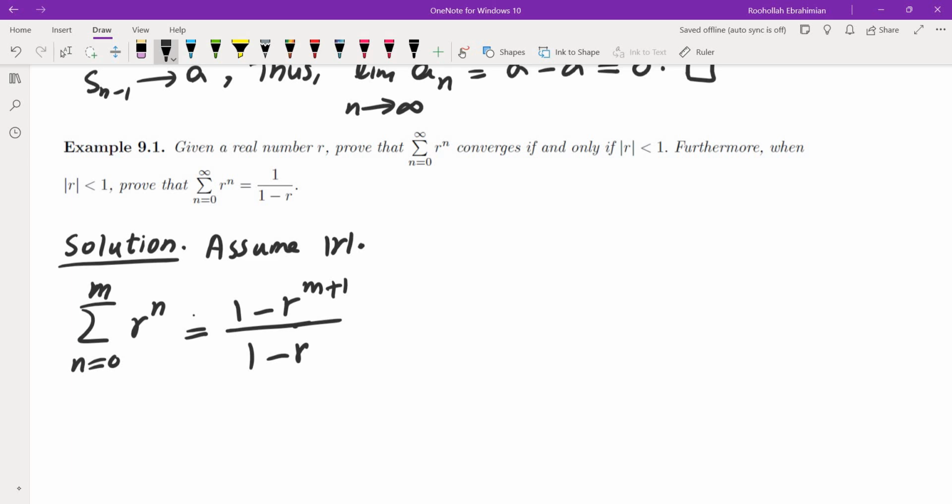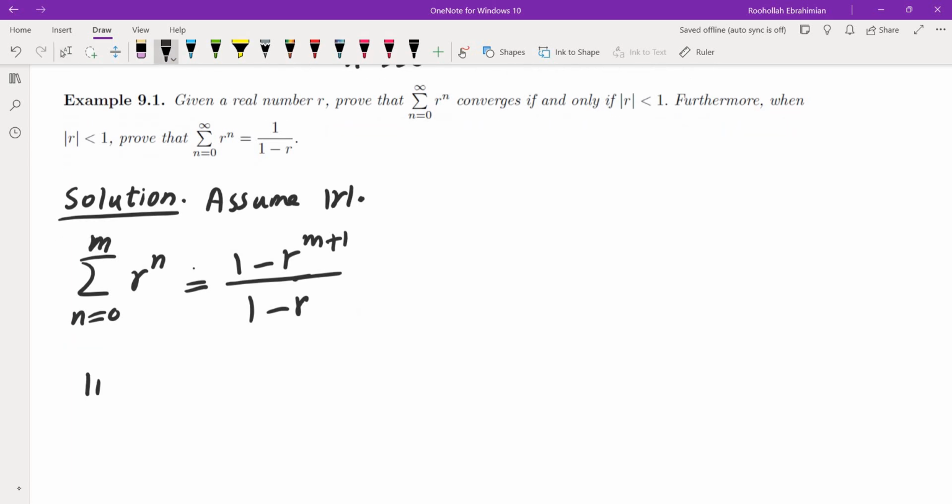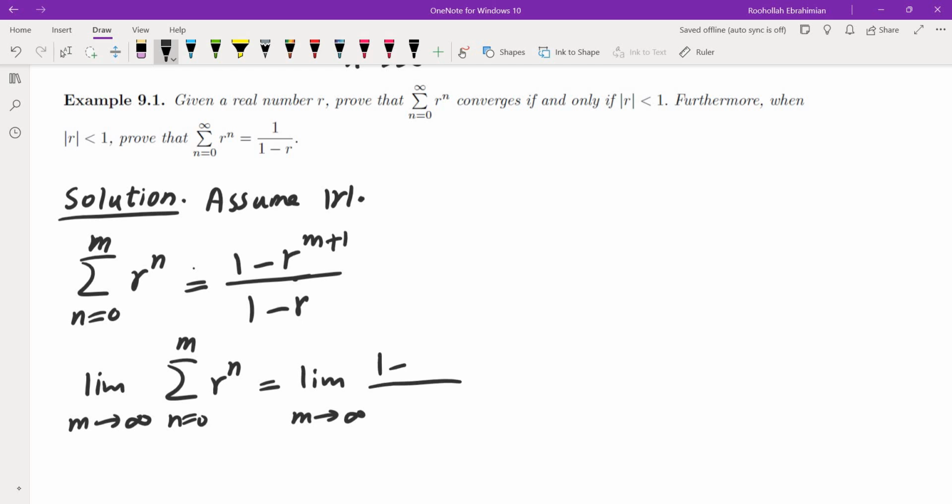So this is the partial sum of this series. Now if I want to find out whether this converges or not, I will have to take the limit of this. The limit as m approaches infinity of the partial sum is going to be the limit as m goes to infinity of (1 minus r^{m+1}) over 1 minus r.